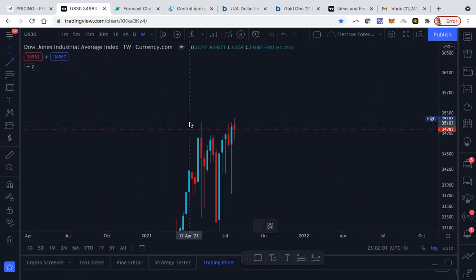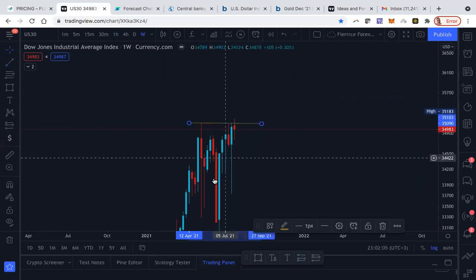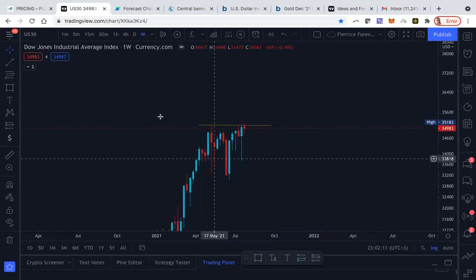It wasn't quite ready, but we are seeing that the previous week, there was a major shift in rejection on the downside.